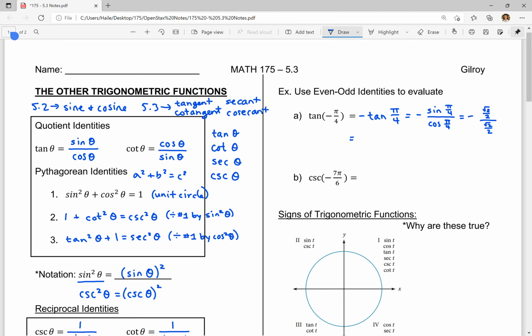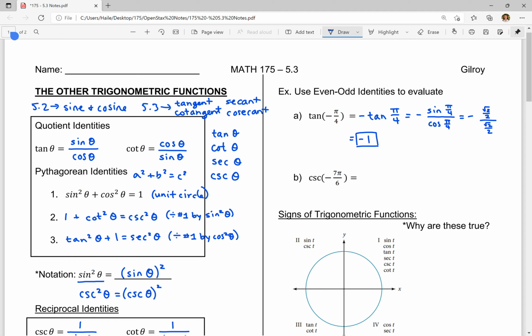So the tangent of negative pi over 4 is just negative 1. So notice what we did here. First, we used an even-odd identity to pull the negative sign out to the front, and then we used a second identity, the quotient identity, to get those values of sine and cosine, so we could actually evaluate our function. Okay, so just because the problem says to use even and odd identities, you may have to use a second step in there in some other identity.